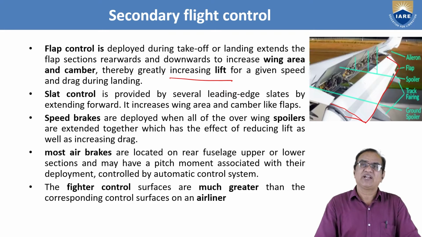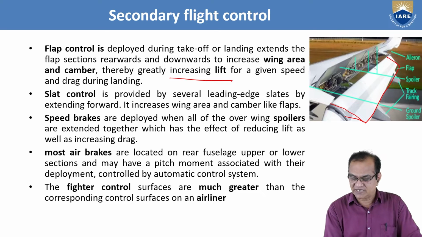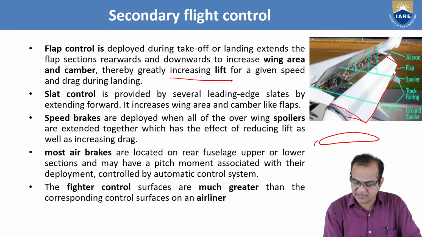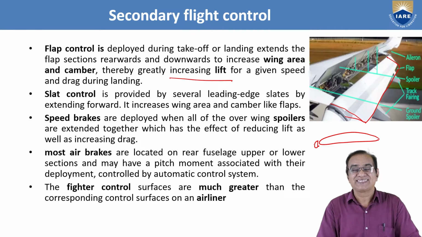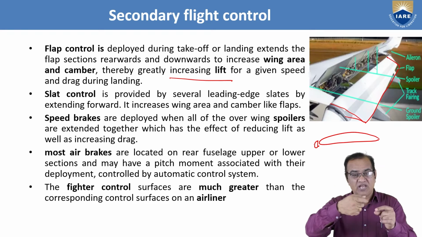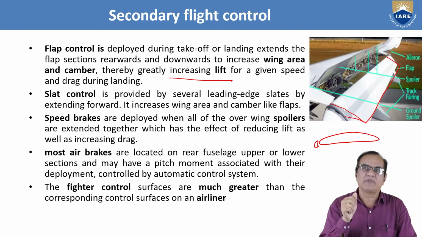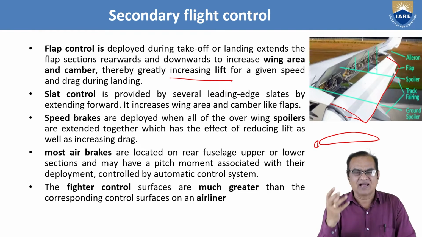Next is the slat control, provided by several leading edge slats by extending forward. If you see that this is the wing, at the leading edge another airfoil will be extended like this. So this is called the slat. This slat also needs to be controlled; as and when we want to extend this slat, we have some mechanism. The pilot has to operate it, pressing it electrically or manually, and only then will this come out.